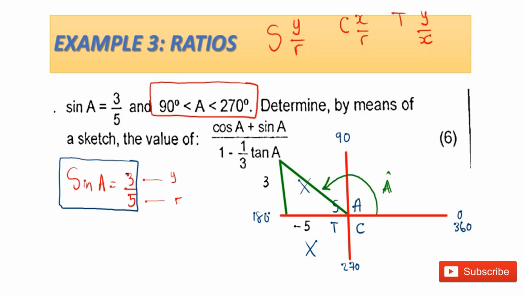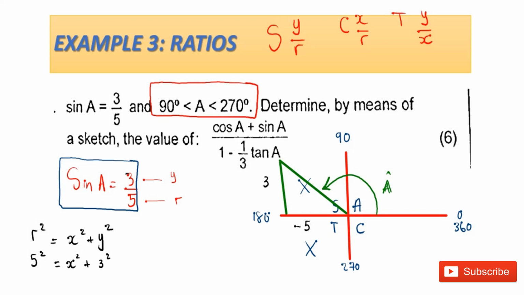We use the theorem of Pythagoras to help us calculate the value of x. We know that r squared is equal to x squared plus y squared. We already have r, which is 5 squared. We want x squared, and we already have y squared, which is 3 squared.